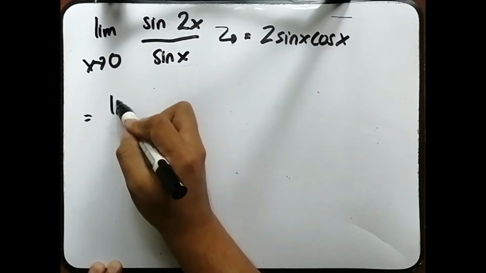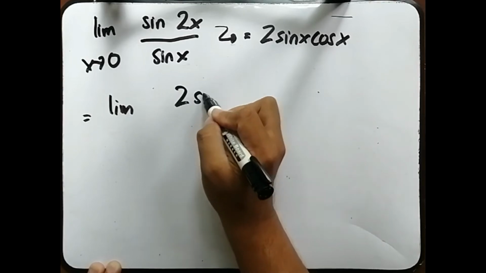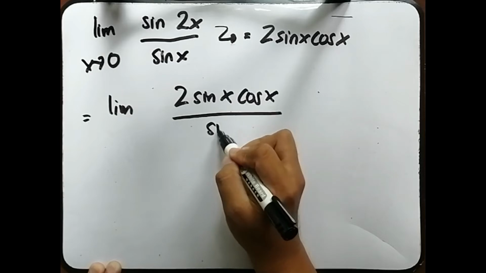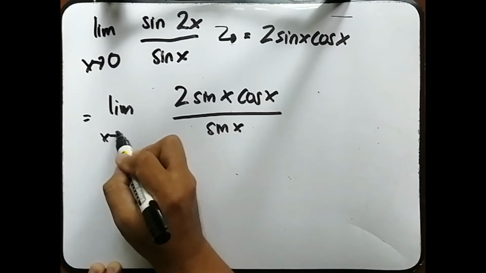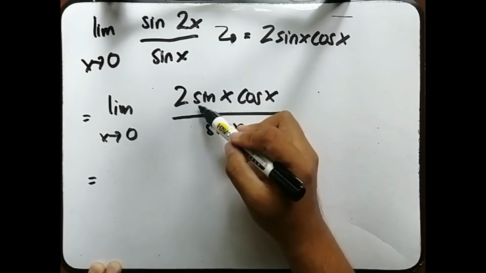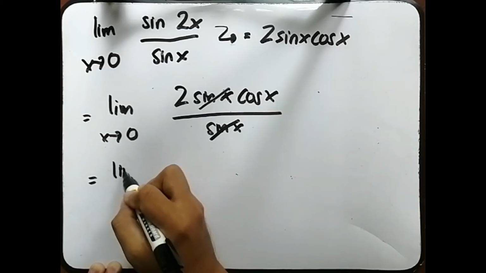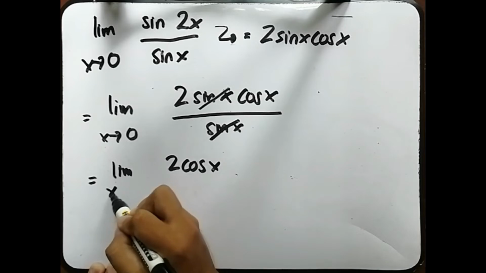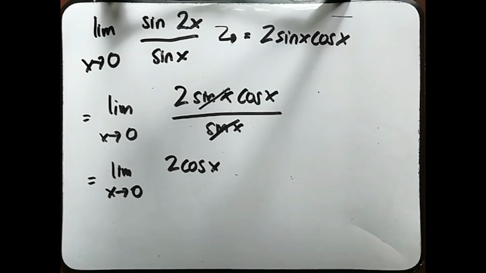So we now have the limit of 2 sine x cos x over sine x as x approaches 0. So pwede nating tanggalin to. So we now have the limit of 2 cos x as x approaches 0.